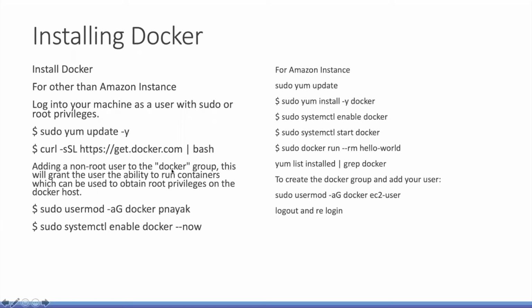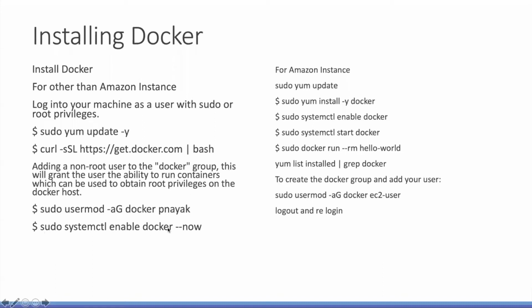Whatever your username may be, you have to add yourself to that group so that you will be able to run the Docker commands. Otherwise, though it will run, you will not be able to access it. So first add your user to the docker group, and pnaik is my username. You can just change your username and add it to docker.